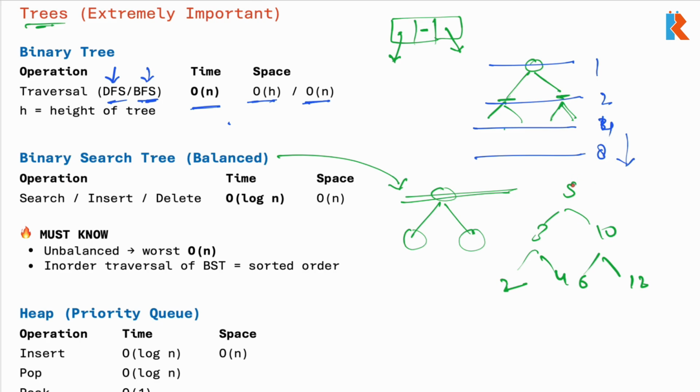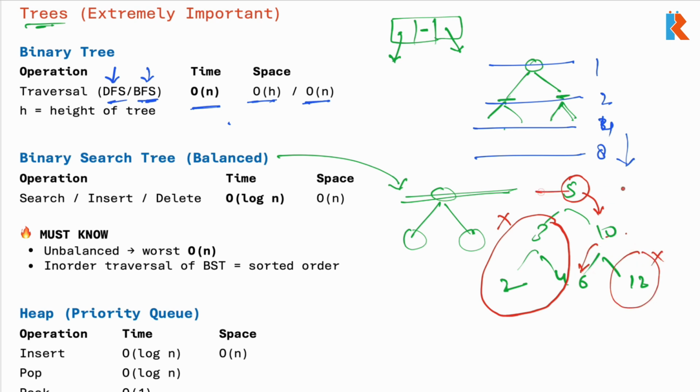And if you want to search 6 in this tree, you compare 6 with 5. Because 6 is greater than 5, we will discard all the elements in the left subtree, because all of these elements in the left subtree are also less than 5. So we move to the right child and compare 6 with 10. Because 6 is less than 10, we discard the right side of 10 and move to the left child.